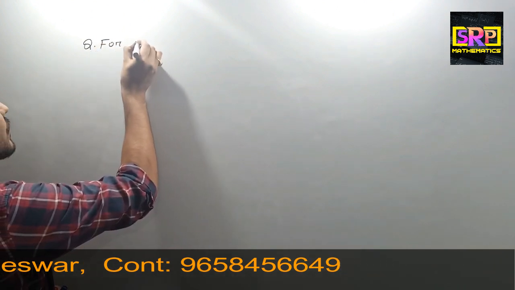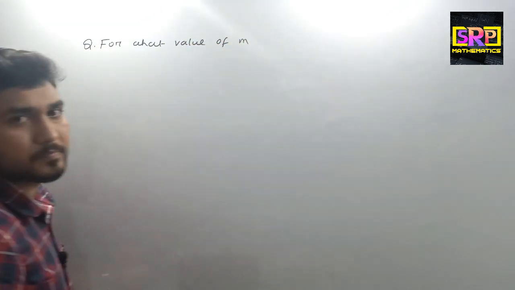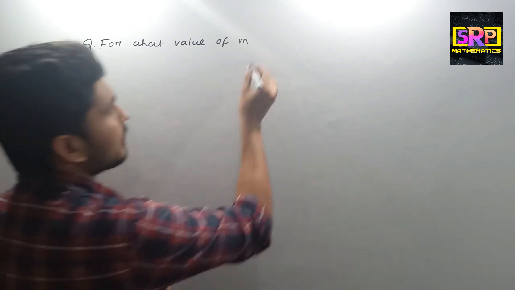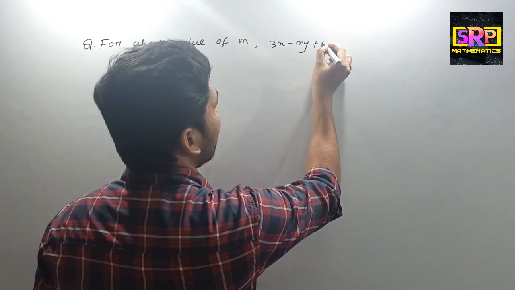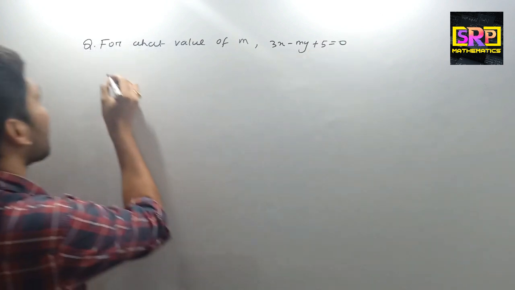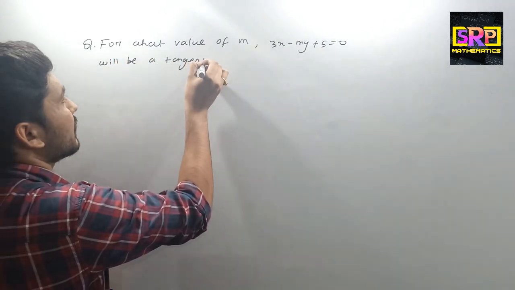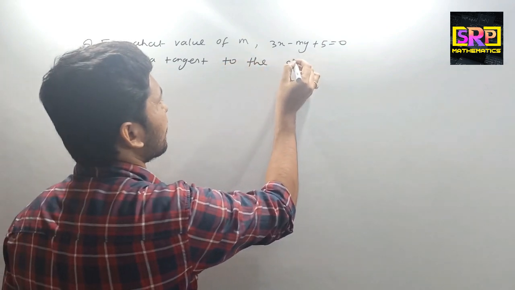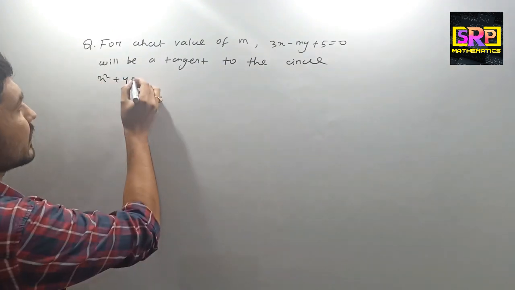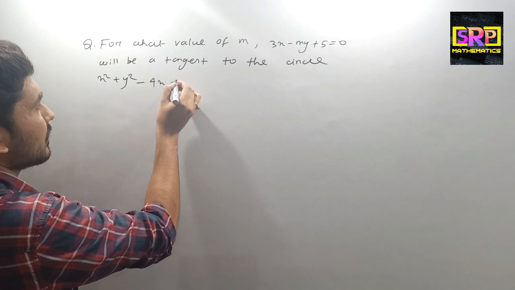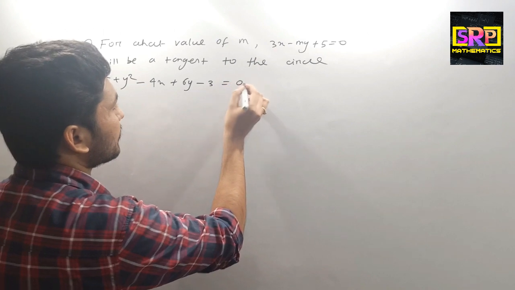For what value of m will the line 3x minus my plus 5 is equal to 0 be a tangent to the circle x square plus y square minus 4x plus 6y minus 3 is equal to 0?